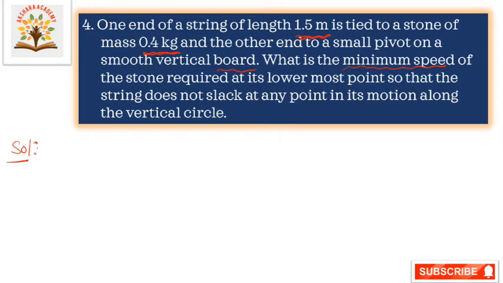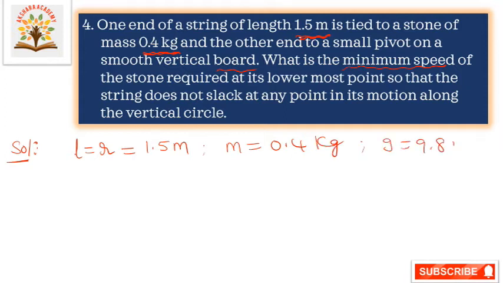Here they have given L is equal to R, that is length is equal to 1.5 meters, and they have given mass 0.4 kilogram, and g is equal to 9.8 meters per second square. Now we have to calculate the minimum speed, that is V minimum is equal to root of 5GR.